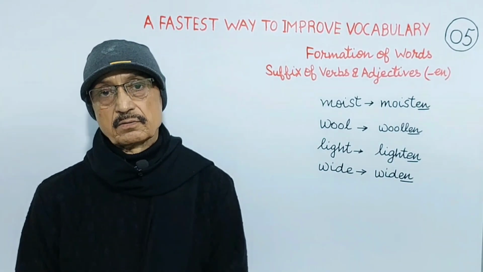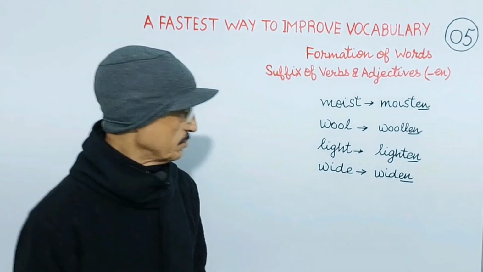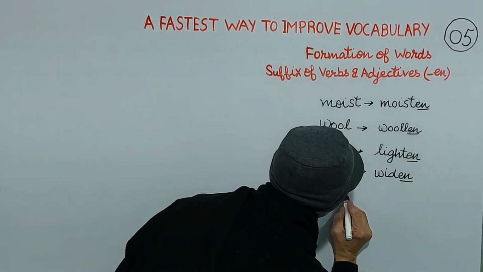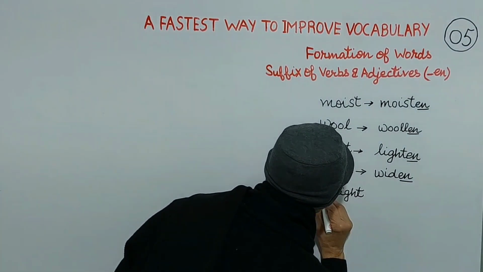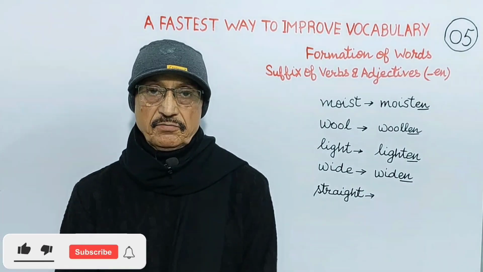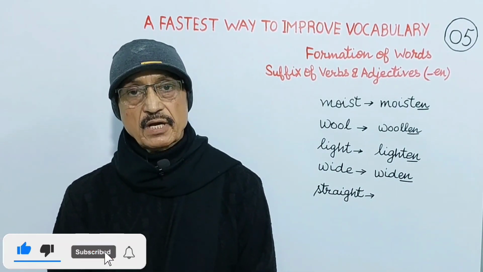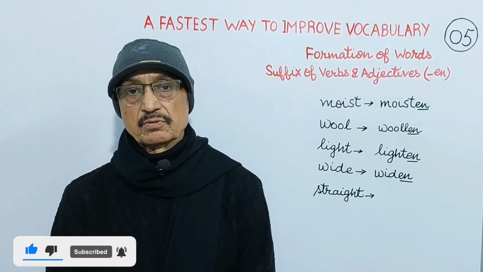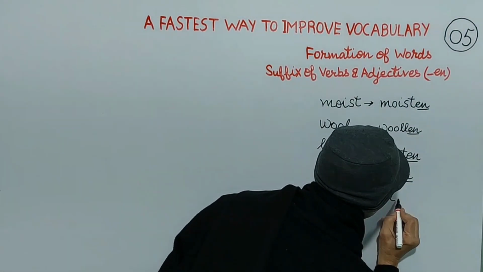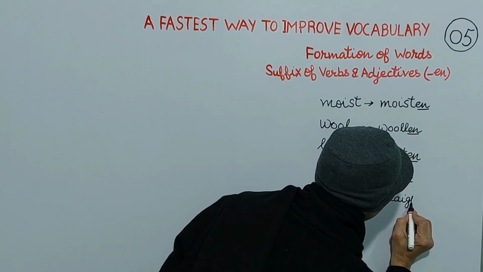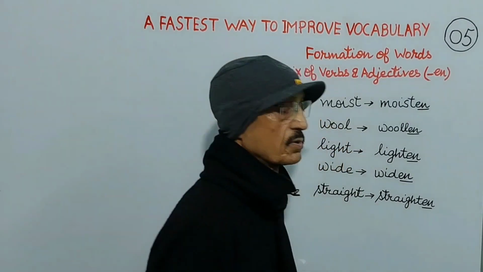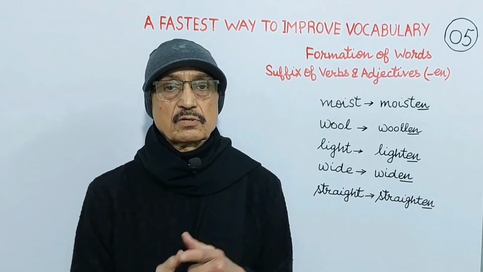The last word is straight. Straight, this is an adjective. When we add suffix en after it, it becomes straighten. Straighten, this is a verb.